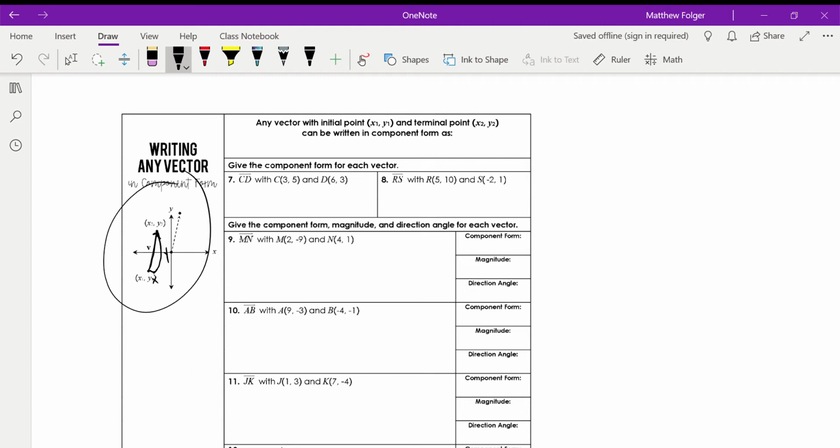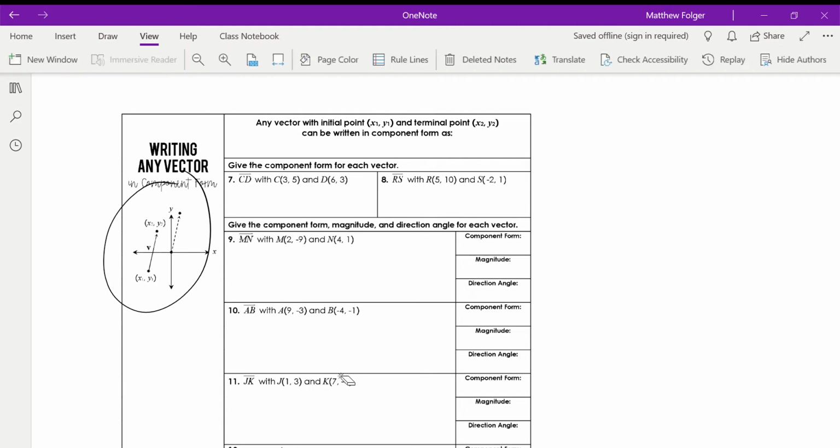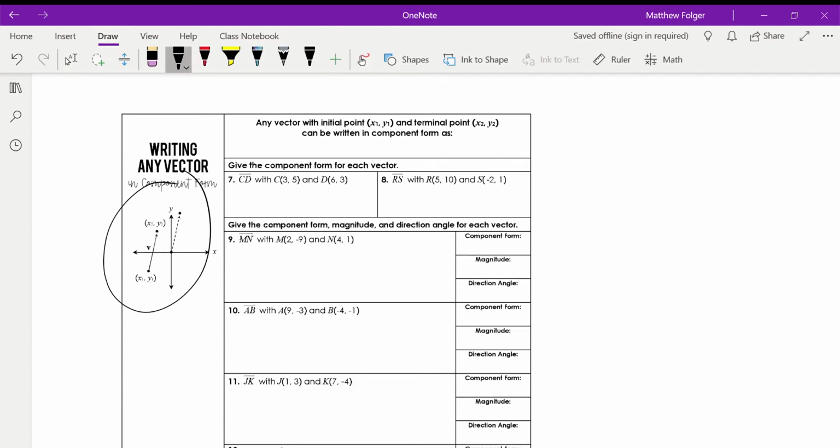Basically what you're doing when you do that is you're putting the vector over here so that the point at the end of the vector is the same as the component form. All right, so how do we do that? Well, the easy way to think of it is like this. If you're trying to find the x dimension and the y dimension of the vector, you subtract the x's for this part.